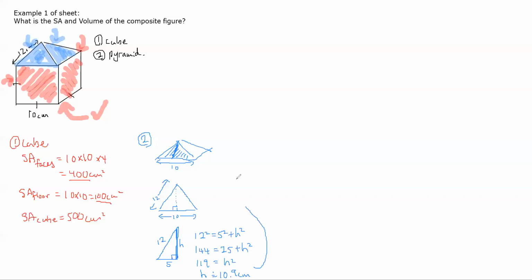Now we can do the area of my triangle. A half times base times my height, because my height is 10.9. That is going to be equal to 54.5 centimeters squared.